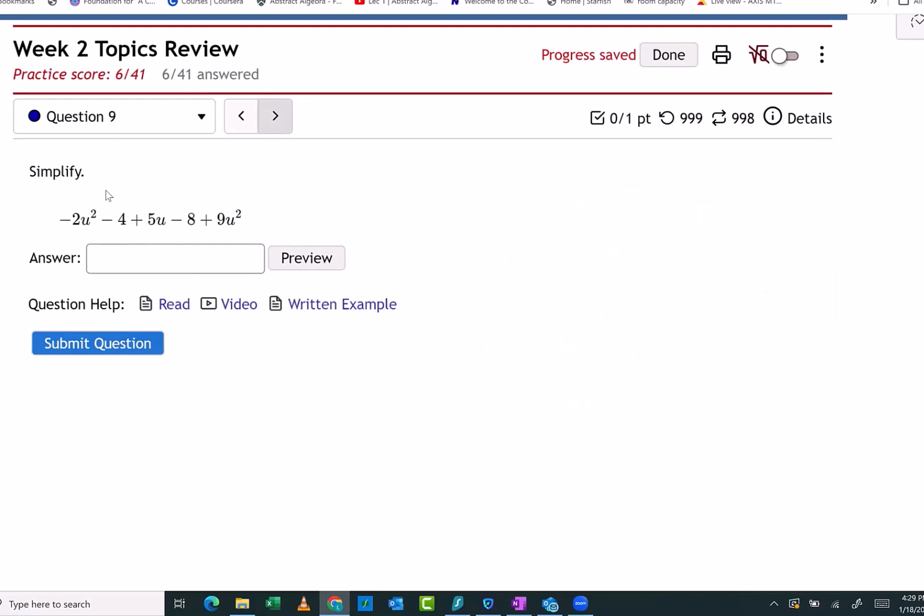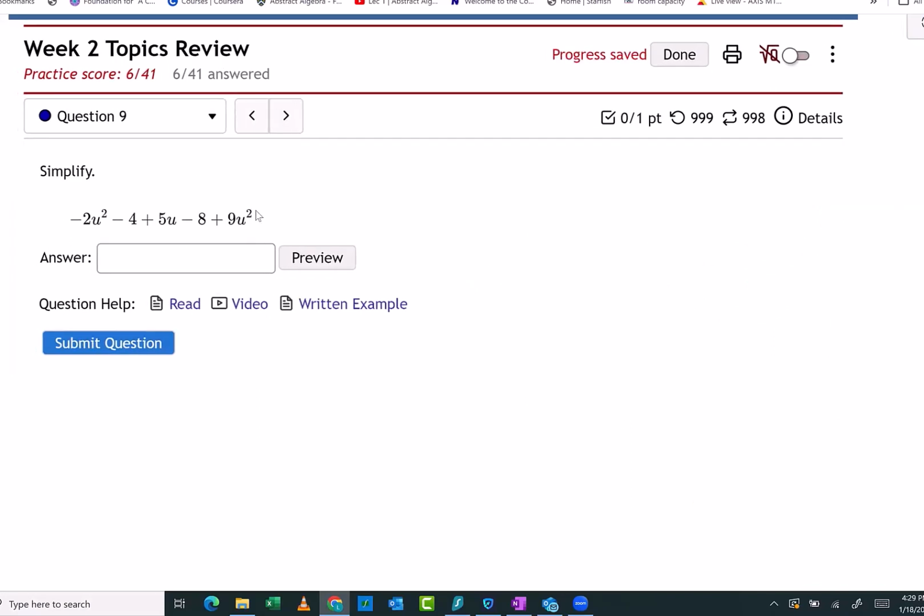This is just combining like terms. Let's talk about just combining like terms. We have negative 2u squared minus 4 plus 5u minus 8 plus 9u squared. What are like terms?